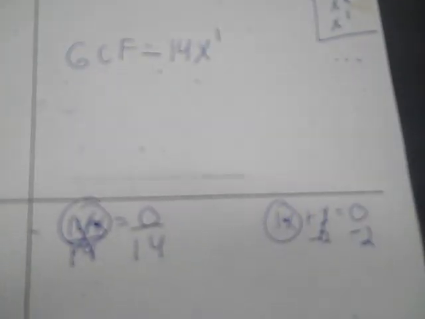Then here I do the opposite of plus 2, which is minus 2. And I take 0 minus 2, negative 2. So I have 1 dot x, 1 times x equals negative 2. And then we can divide by 1. And negative 2 divided by 1 is negative 2. So this time the answers are 0 and negative 2.